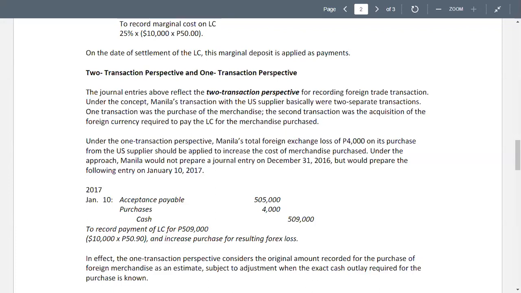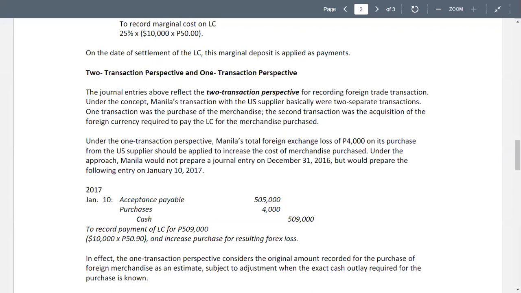From the foregoing illustrations, it shows that increases in the selling spot rate for a foreign currency required by a Philippine company to settle a liability denominated in that currency generate foreign exchange losses to the company because more Philippine pesos are required to obtain the foreign currency.